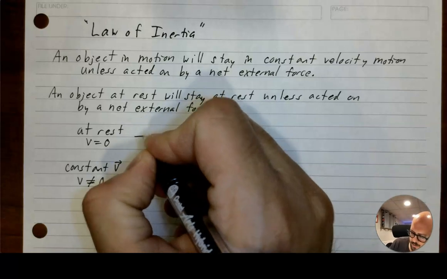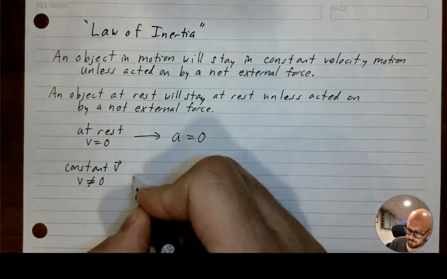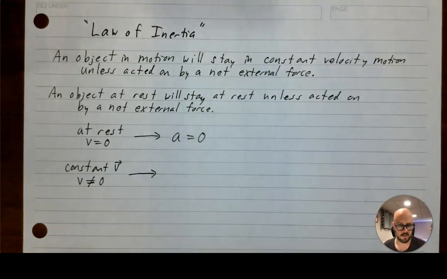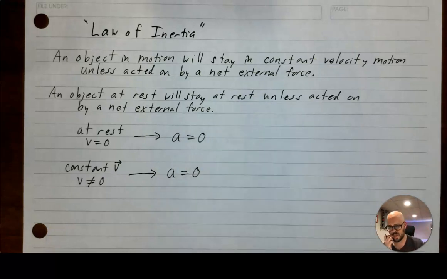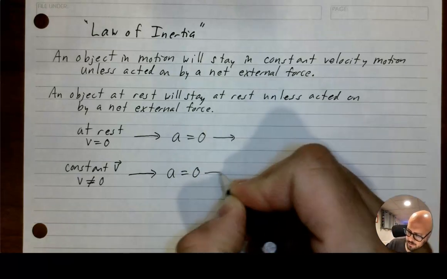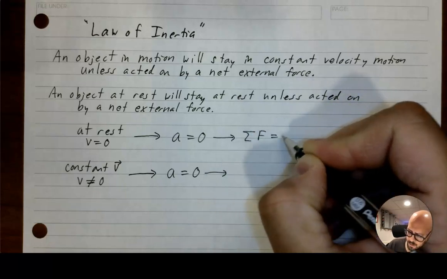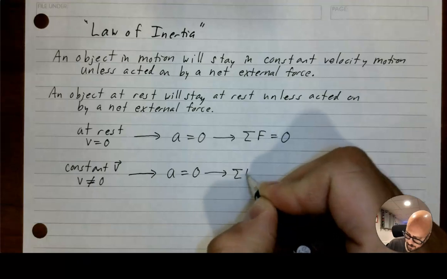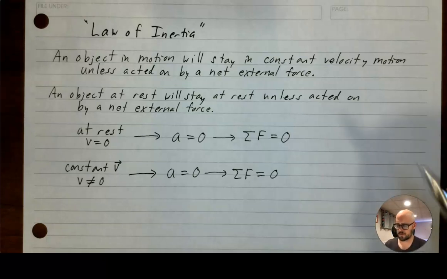Now, if you are at rest and you stay at rest, then your acceleration is 0. If you are moving with constant velocity and you stay that way, your acceleration is 0. And so Newton's first law basically says that if that is happening, then the net force on you in both situations is 0.